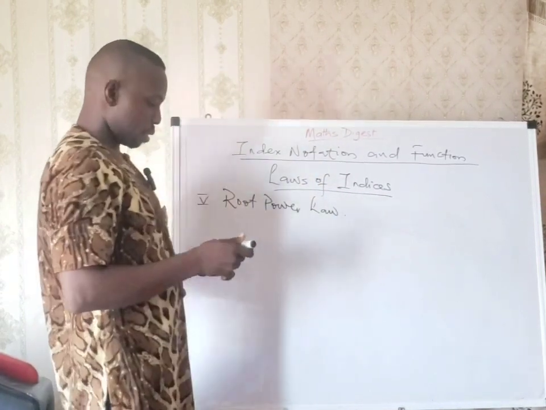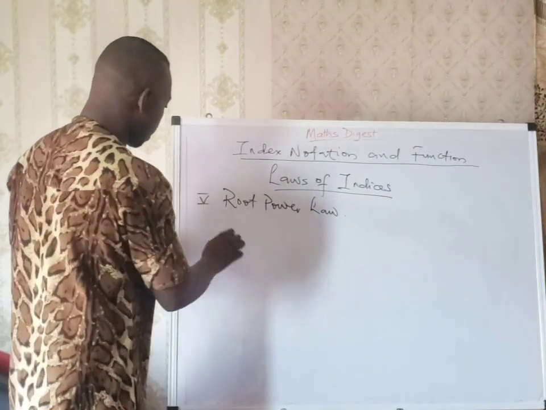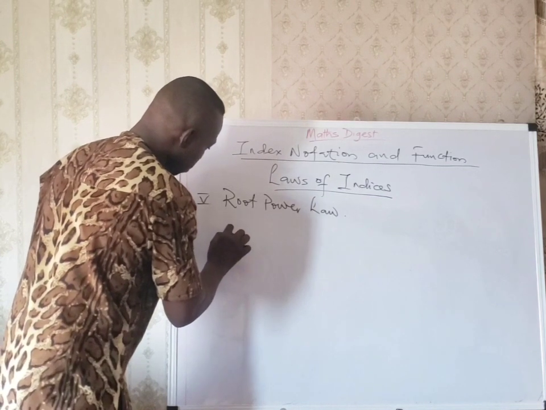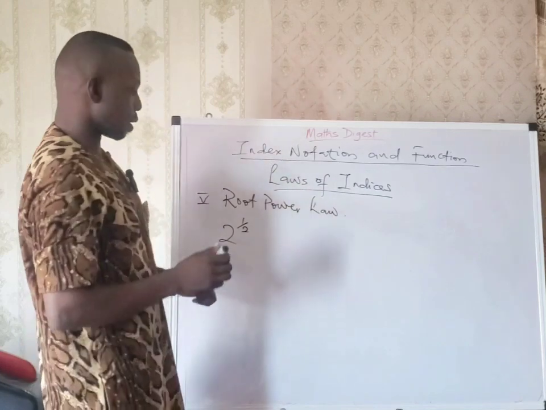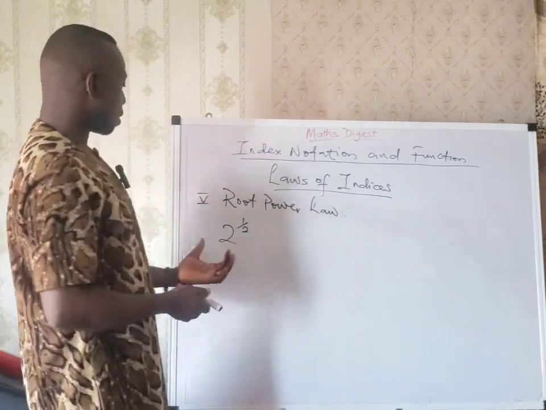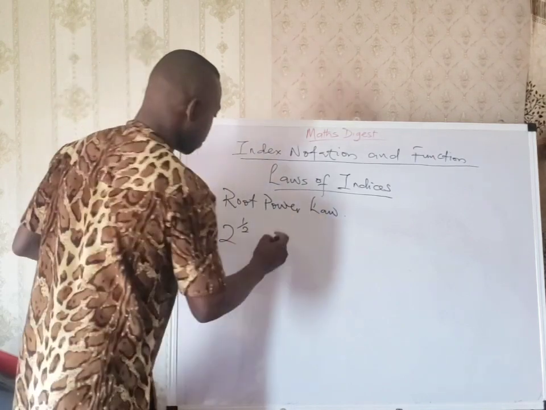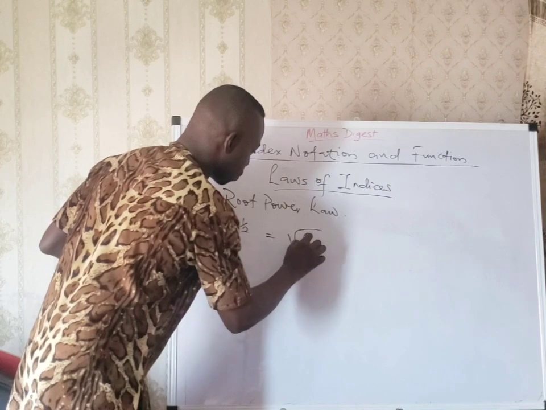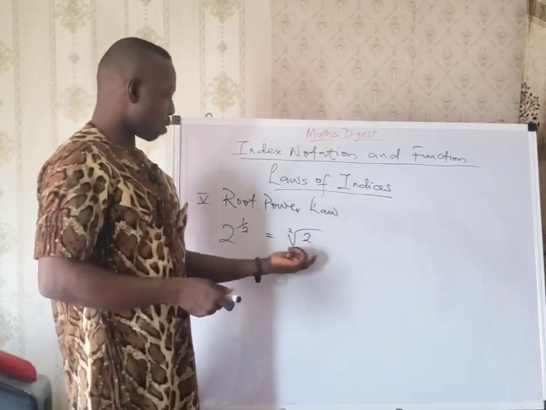Now, in this, if we consider, for instance, maybe 2 raised to power 1/2, for instance, what a root power states is that this can be thus square root of 2, that is square root of what? 2.